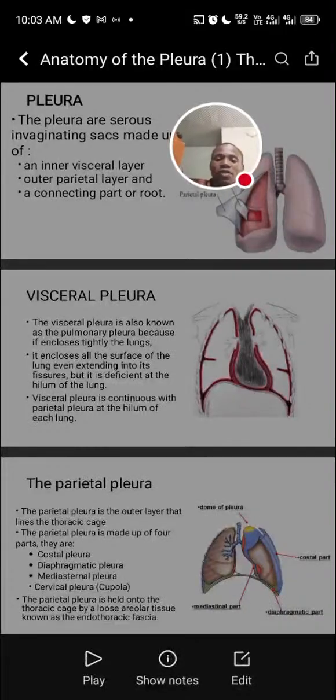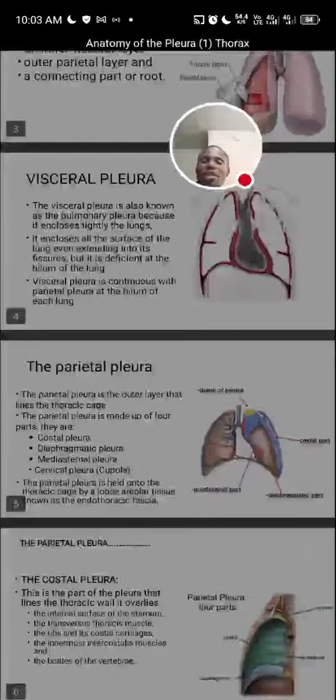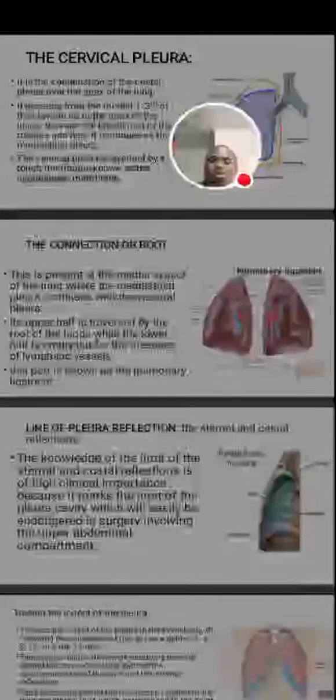Now the visceral pleura, we've seen some information about it. It is continuous with the parietal pleura at the hilum of each lung. Let's look at the connection or root.